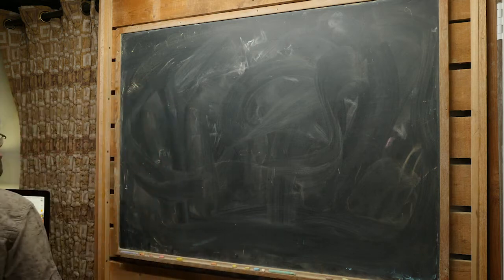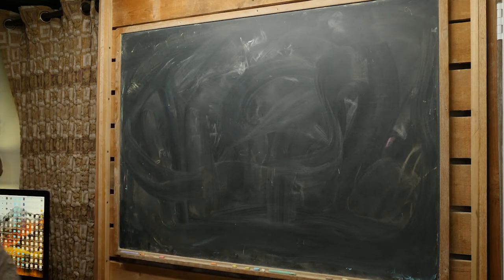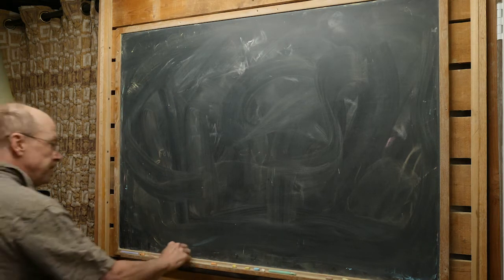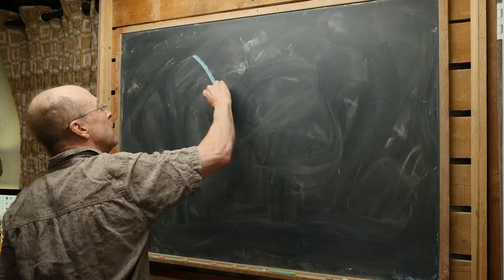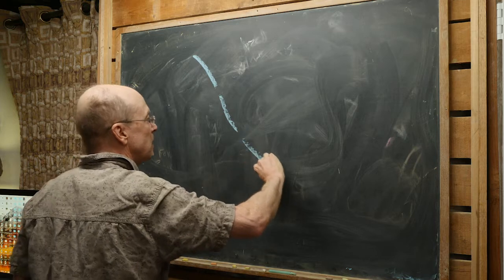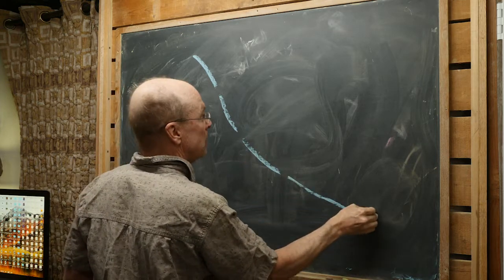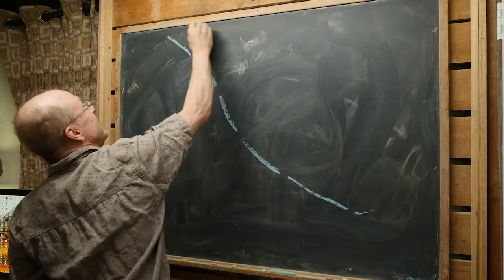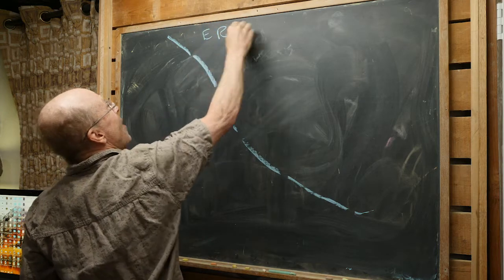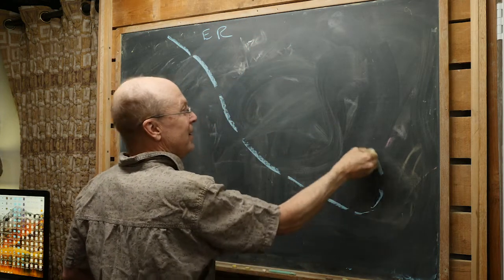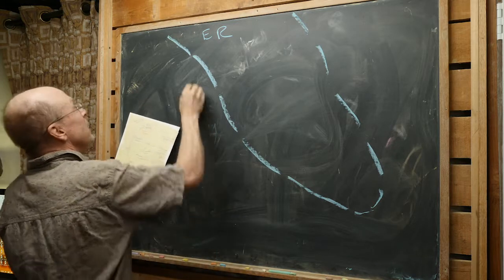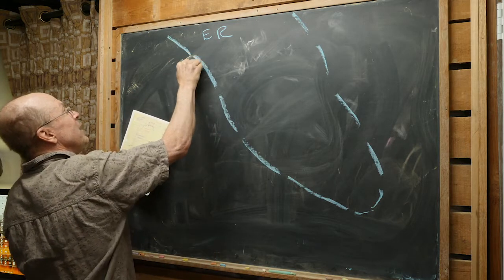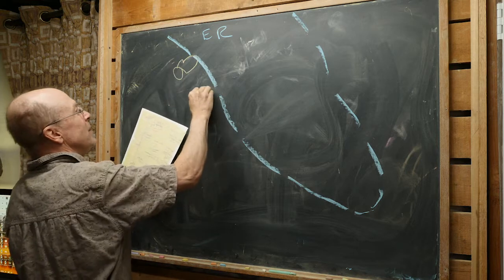Okay, so here we go. Let's suppose that this right here is basically ER, and we could look at it like this all day and night, and what we'll see is the big subunit, the small subunit.